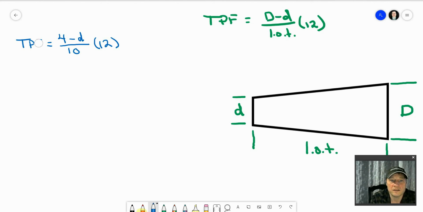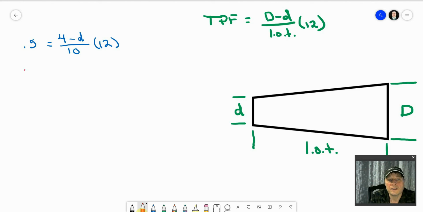So let's plug in a taper per foot. Let's say the part tapers, I don't know, let's say 0.5. Let's try and keep this sort of easy. So this part, by the time you get to the small diameter, over 12 inches, it will taper 0.5 inches per foot. Okay, so let's move things around to solve for the small diameter.